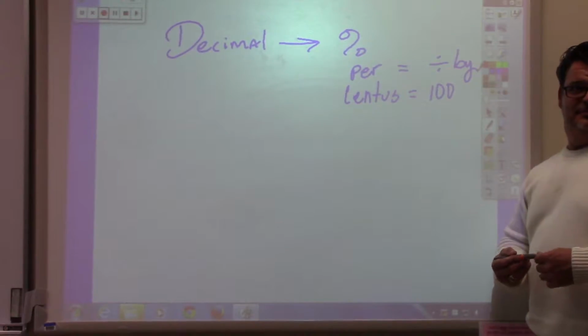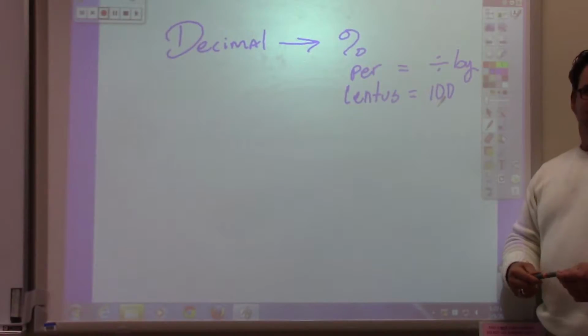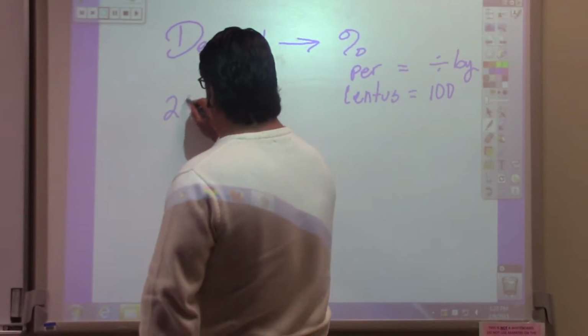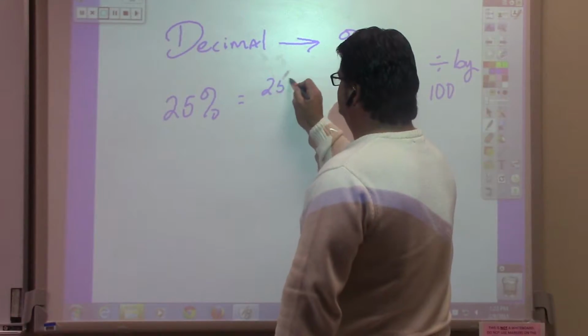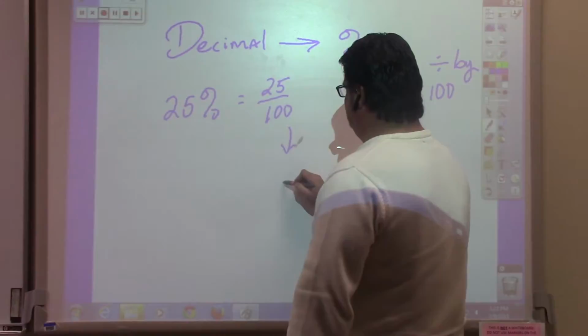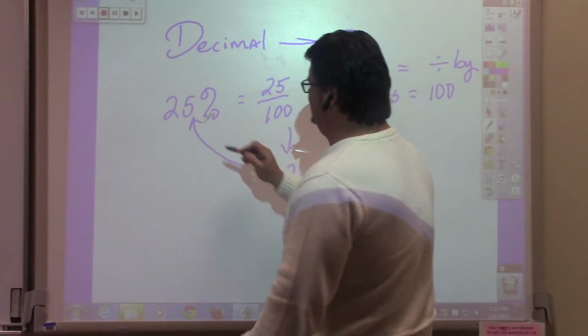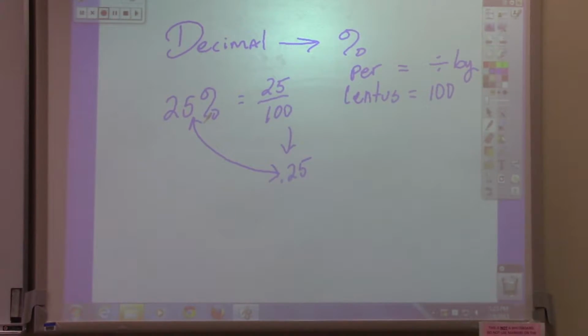Divided by 100. So if you have 25%, what is that? And now you have a fraction, which can be written as a decimal. So the difference between these two is just the way it's written. It's not really a different form. It's just written a little bit different.